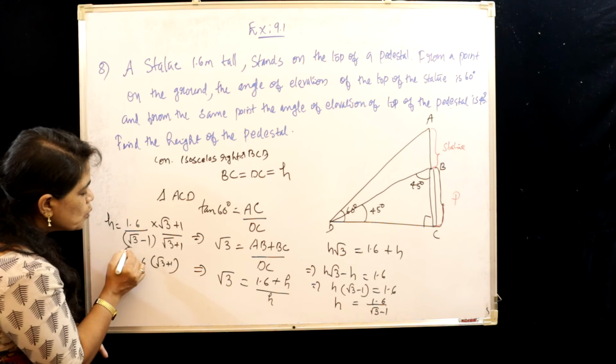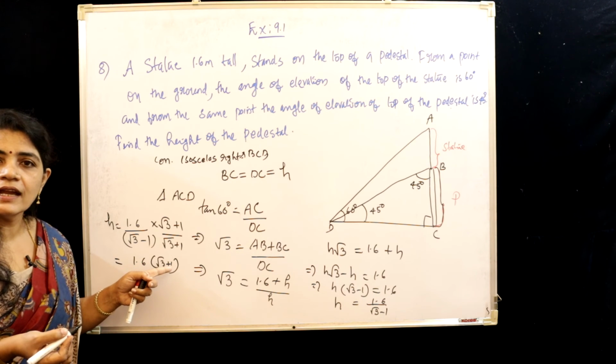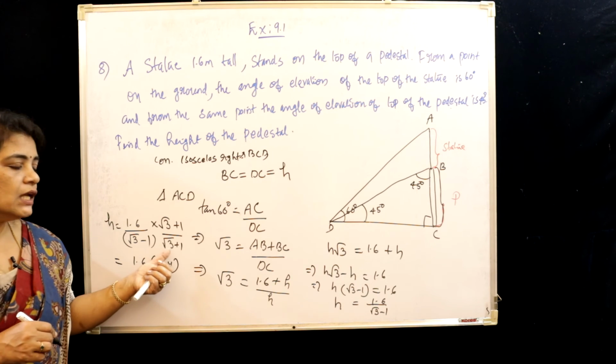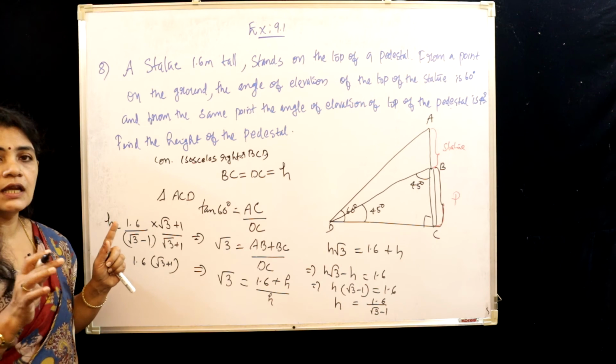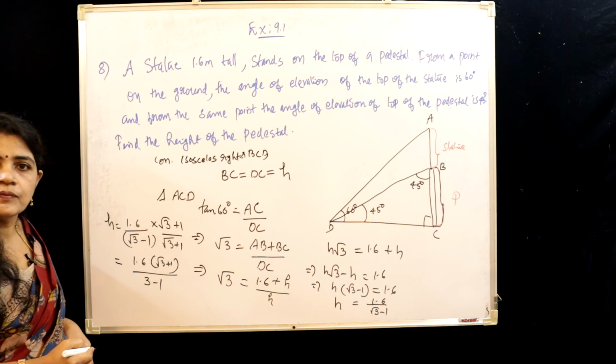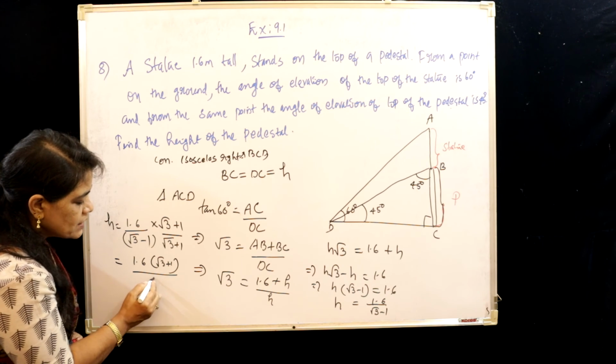Here children, root 3 minus 1 into root 3 plus 1, a minus b into a plus b, that identity, is a square minus b square. Root 3 whole square is 3 and 1 square is 1 itself. So 3 minus 1 is 2. The denominator now becomes 2.